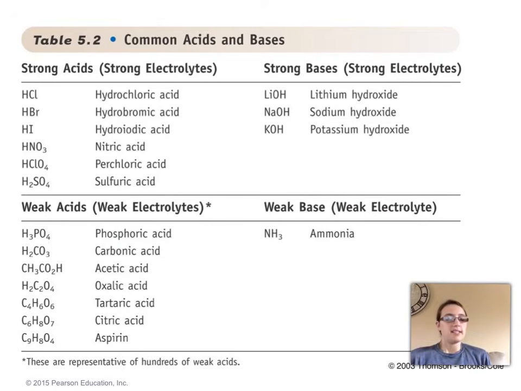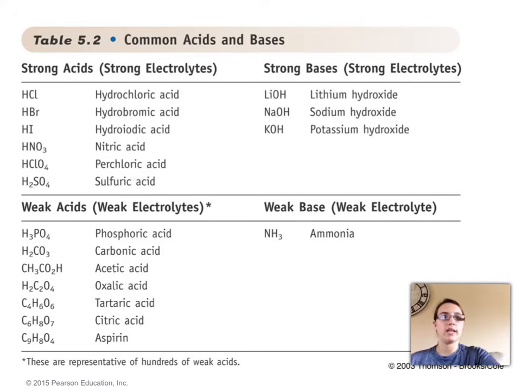I provided this table for you just to show you common acids and bases that you will see as you do work in stoichiometry or in acids and bases. Really anything in chemistry, these are going to be common acids and bases that you will see. So the strong acids we already talked about, same with strong bases. So strong acids and strong bases are strong electrolytes, weak acids and weak bases are your weak electrolytes.